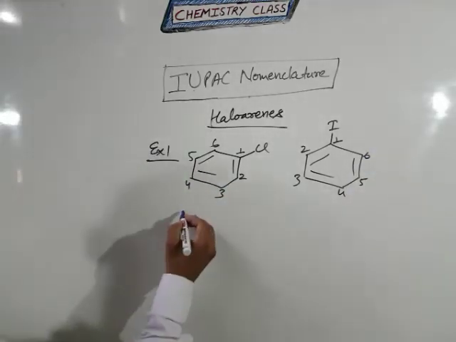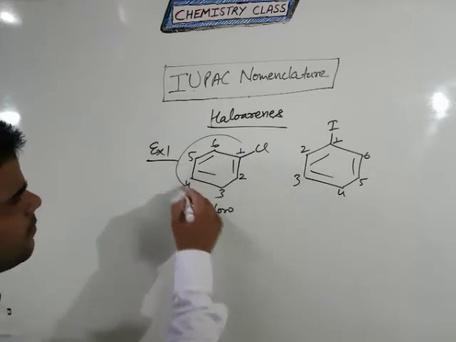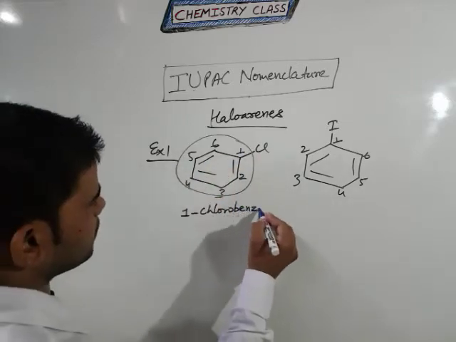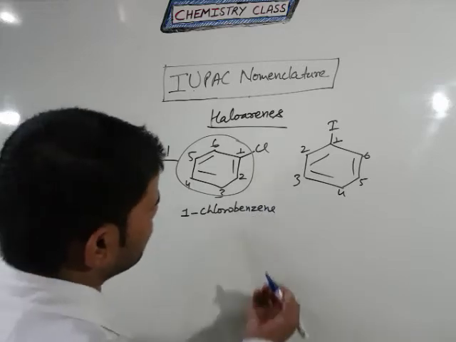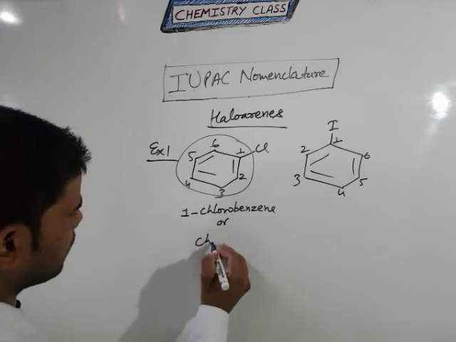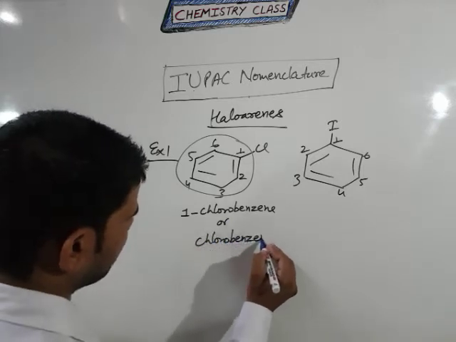So in this case the name is 1 dash, Cl means chloro, and what about this system? This system is benzene. So you write simply 1 dash chlorobenzene, or you can write chlorobenzene. Clear?